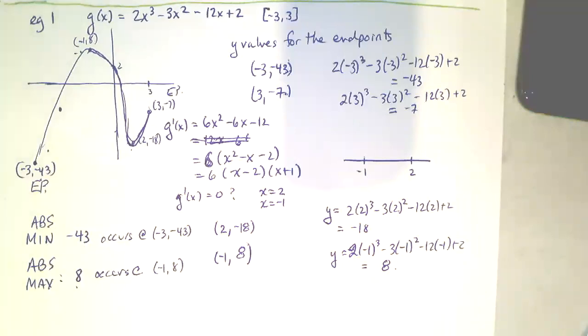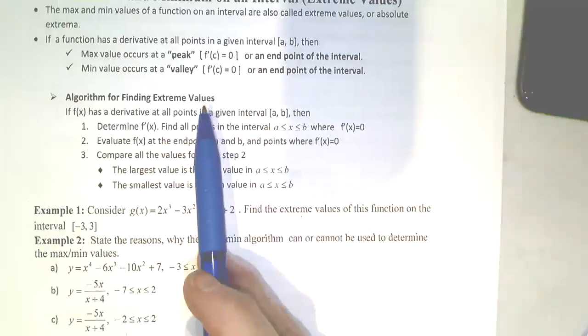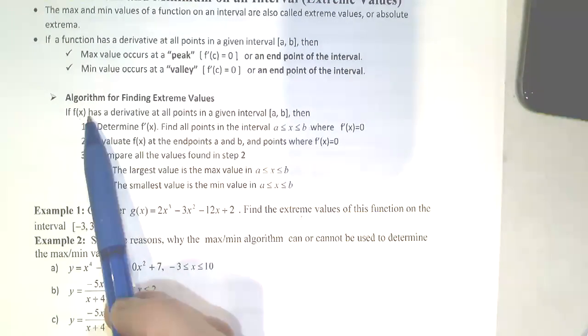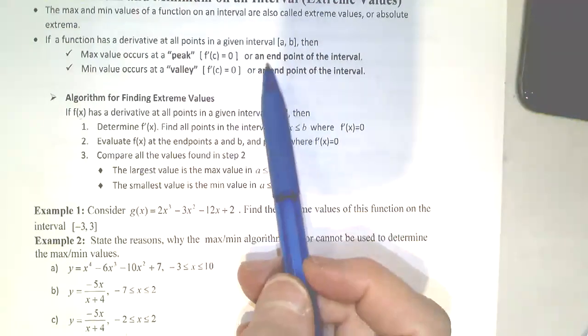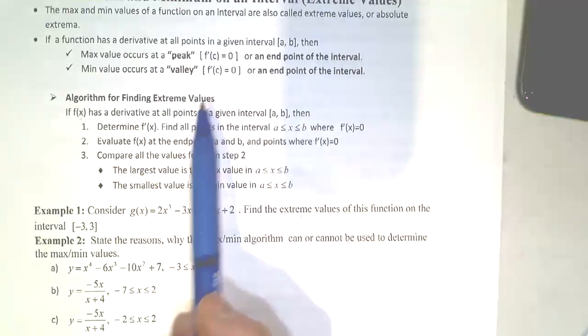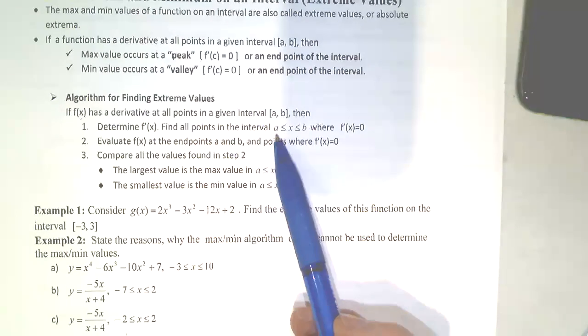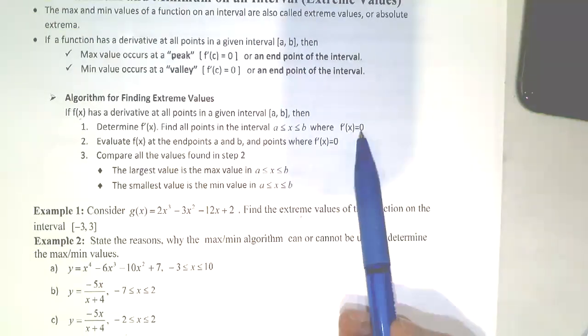Now I'll go back and revisit this handout to show you the algorithm that's given here. Basically, if you want to find the maximum and minimum, the extreme values, number 1, find the derivative and find all points in the derivative where f prime equals 0.